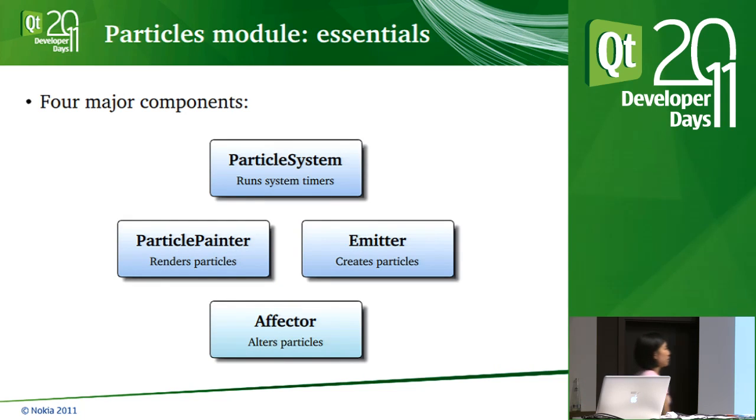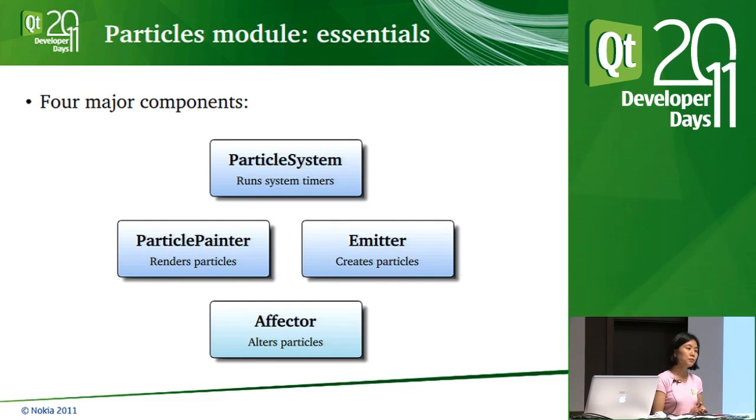So let's look at how the particles module actually works. If you want to write particle effects, you basically need to consider these four major components. First of all, you need to create a particle system, so that will actually manage all the different objects, run your system timers and so on. Then you need a particle painter to actually render the particles.